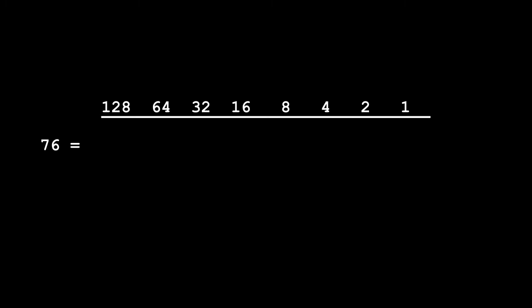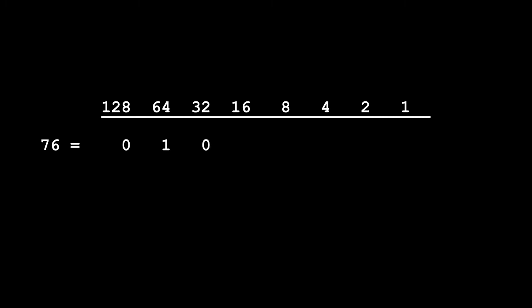Well, how we work it out is, first of all, we say, can I fit 128 into 76? No, I can't, because 128 is greater than 76. So I start off with a 0 under 128. Can I fit 64 into 76? Yes, I can. So I put a 1 there. And what am I left with when I do that? Take 64 away from 76 and I get 12. Does 32 fit into 12?